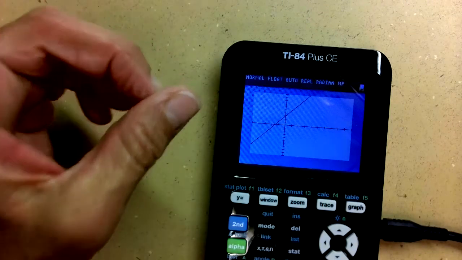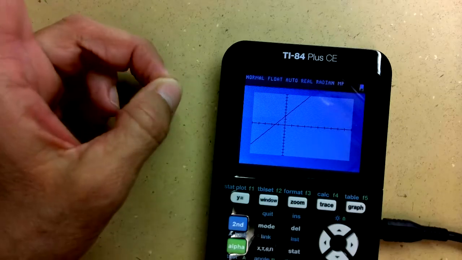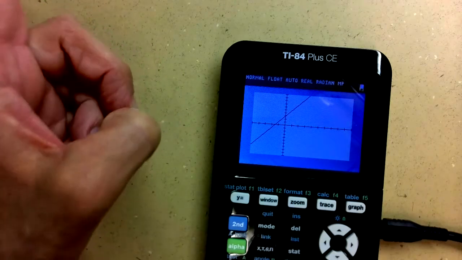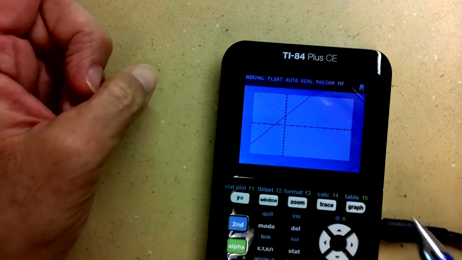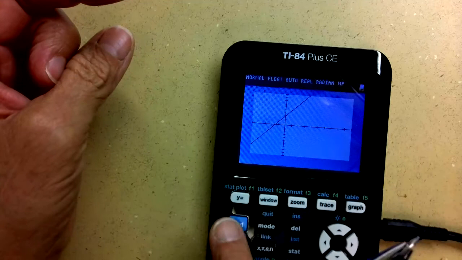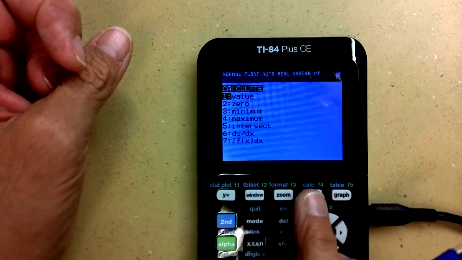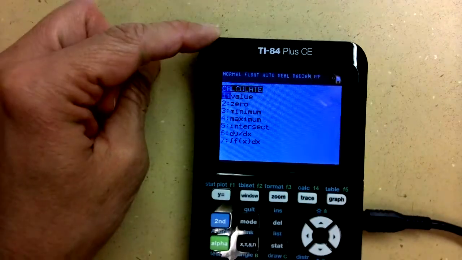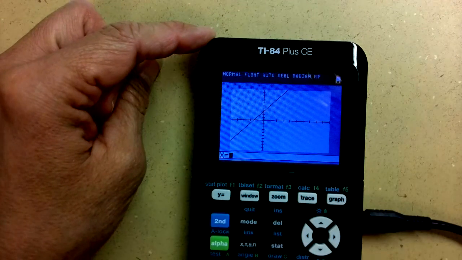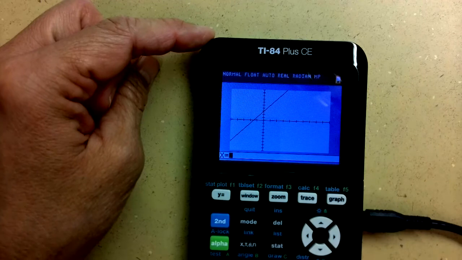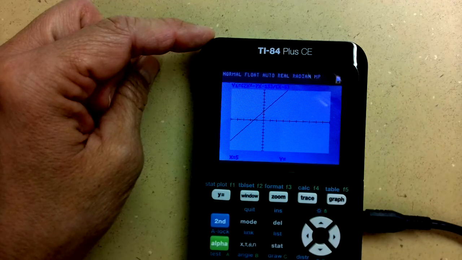But now what I want you to do is evaluate both functions at x equals 5. So the way we're going to do that is we're going to go on your calc. So second calc, and we're going to do the value. And let's do x equals 5.